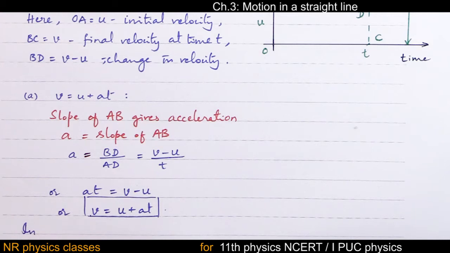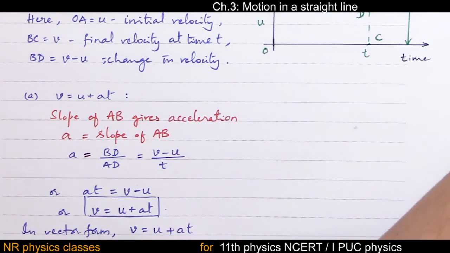For time being, please follow this. In vector form, write v equal to u plus at. After that, draw an arrow.